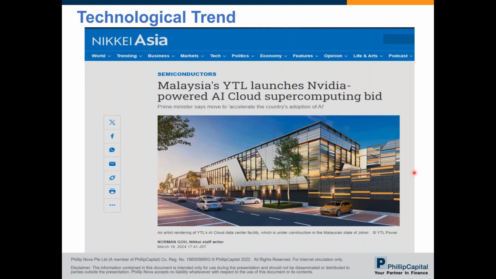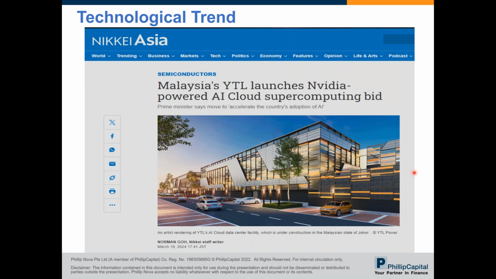And then you can see that when there's a huge currency movement, as what we have been witnessing almost every other week, we hear the news of the ringgit falling to an all-time low against Sing dollars. So this also has a somewhat positive impact on the performance of YTL Power itself.